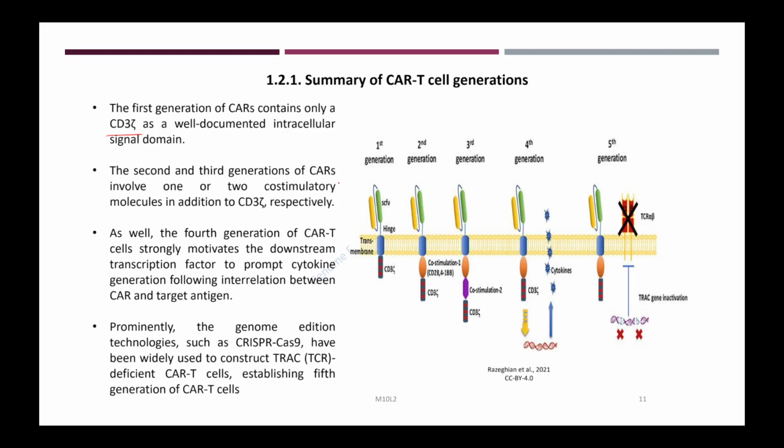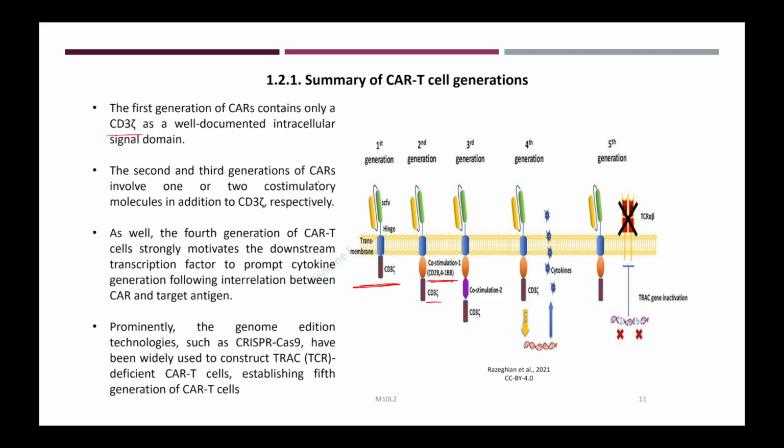No second signal was there. That is why, to make it more efficient, both the signaling proteins are fused, CD3 zeta and also CD28 or 41BB, depending on the type of cancer cells that are targeted.